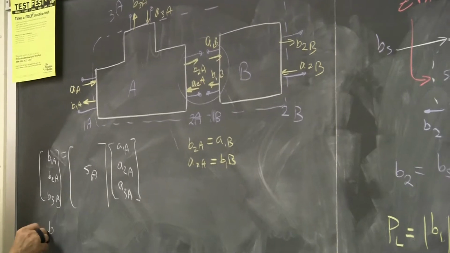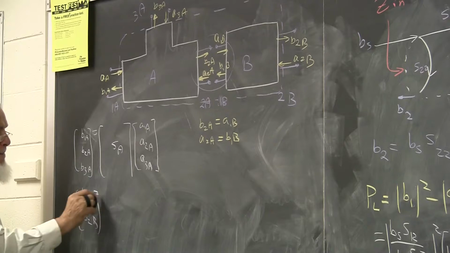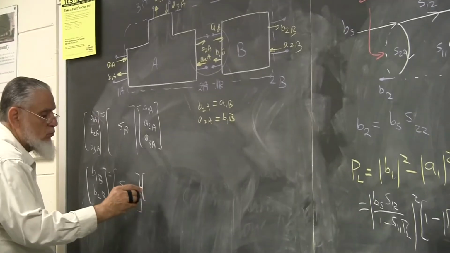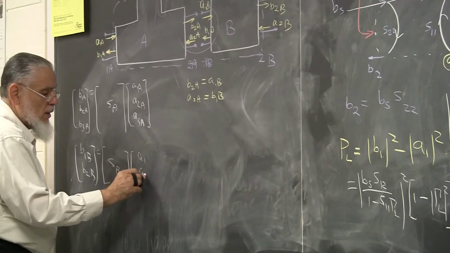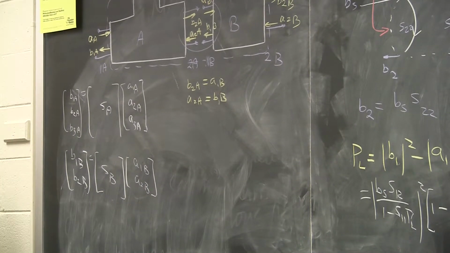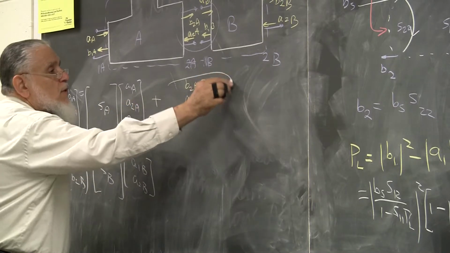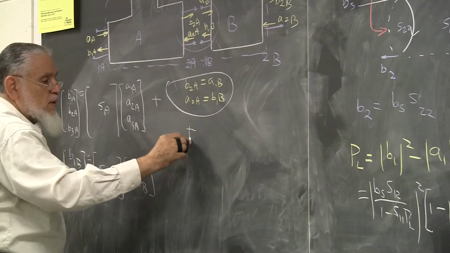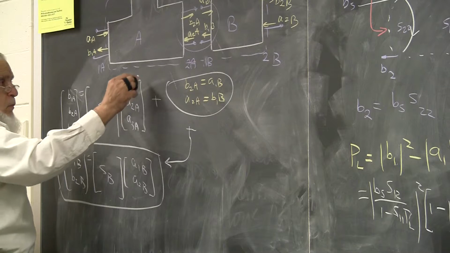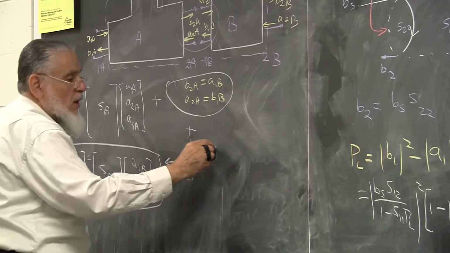The second matrix will be B1, B2, B3 is equal to SB times A, B. And then use this plus that, and reduce all to the following.